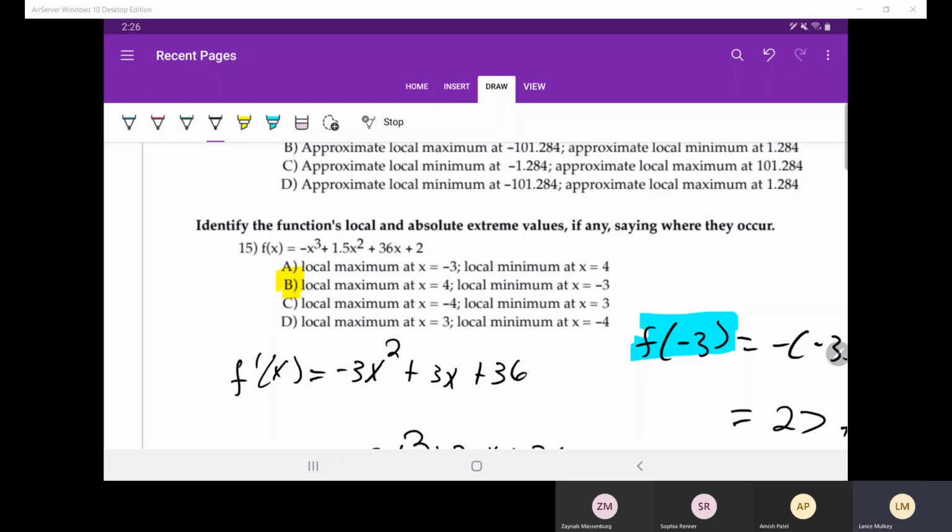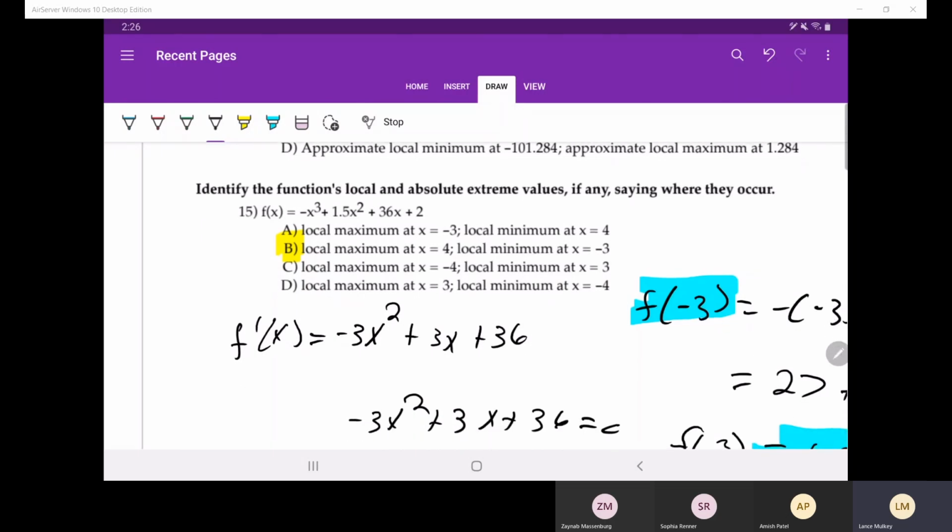So because this is not on a closed domain and it continues from negative infinity to infinity, there are no absolutes. So if it goes to infinity either way, there's no absolutes. So there's only local. So you want to find f prime of x.